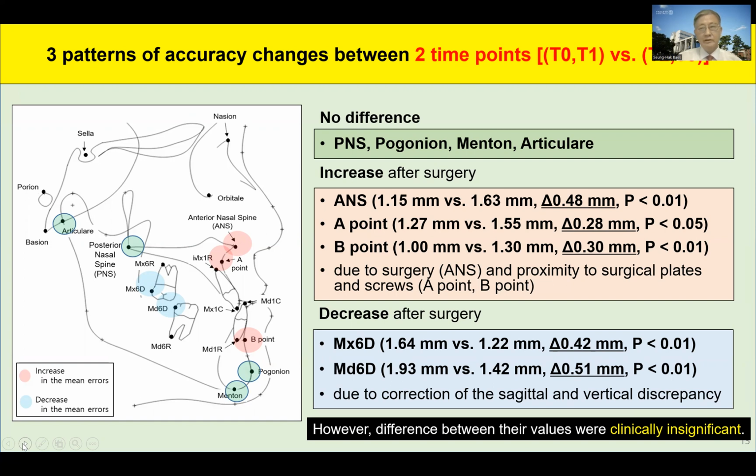Third, the maxillary and the mandibular first molar distal points showed some decrease in error values after surgery due to correction of the sagittal and vertical discrepancies. However, the delta value was clinically insignificant. As you can see, their error value was less than 0.5 millimeters.